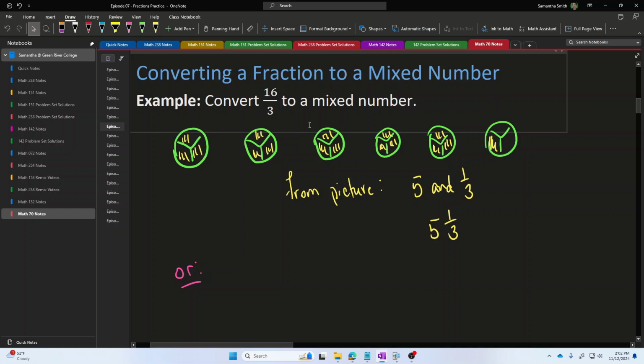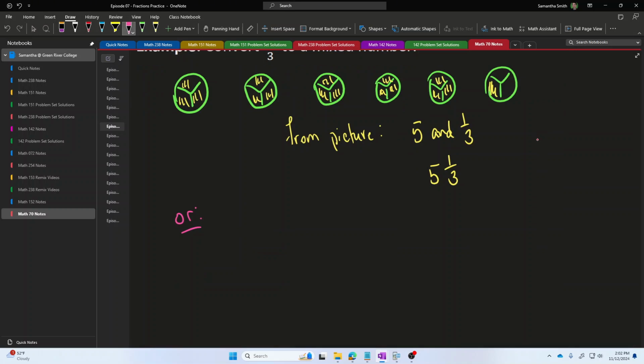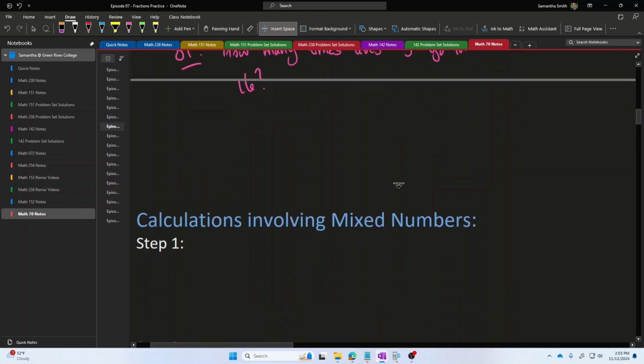I'm going to think about this as 16 divided by 3, and I'm going to ask myself, how many times does 3 go into 16? How many 3's fit into 16 evenly?